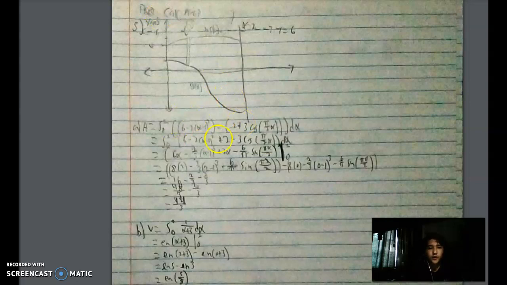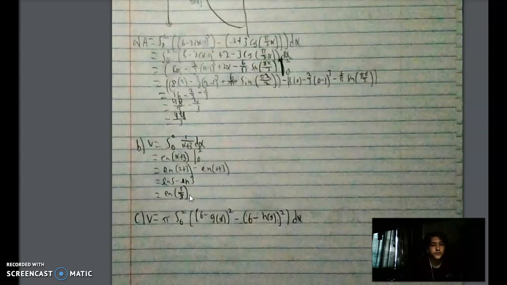Then I simplify that, and I use the first rule of integral calculus to do the antiderivative from 0 to 2. I simplify that by plugging in 2, and then subtracting the same equation with 0 plugged in. And so then I get 16 minus 2/3 minus 2/3, simplify that to 44/3.